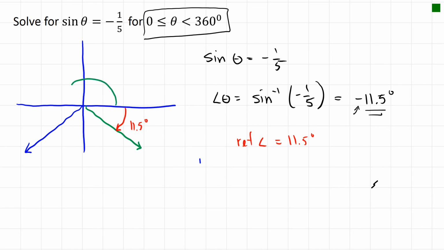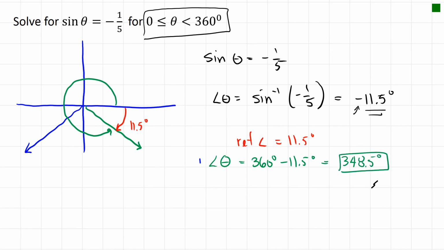So this angle here, the green one, is 360 degrees minus 11.5 degrees, which is 348.5 degrees.